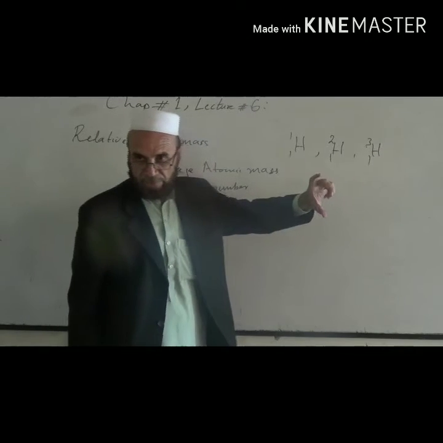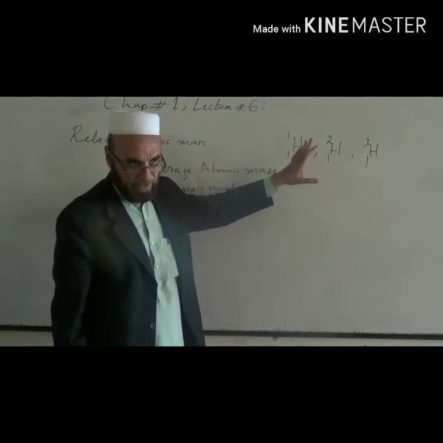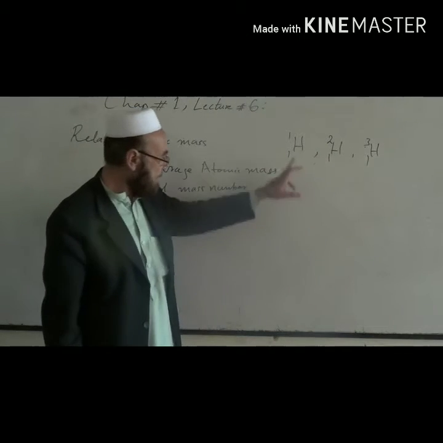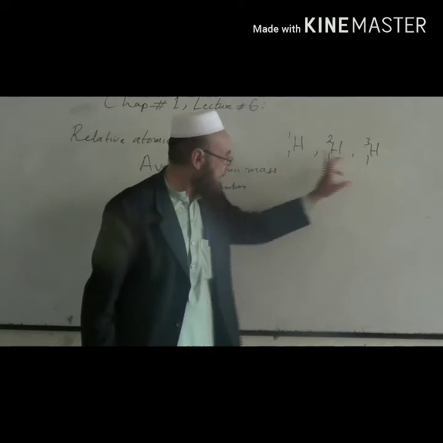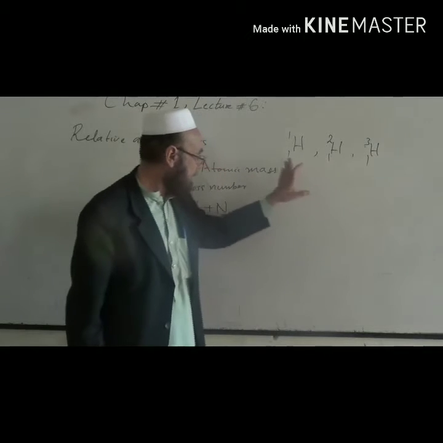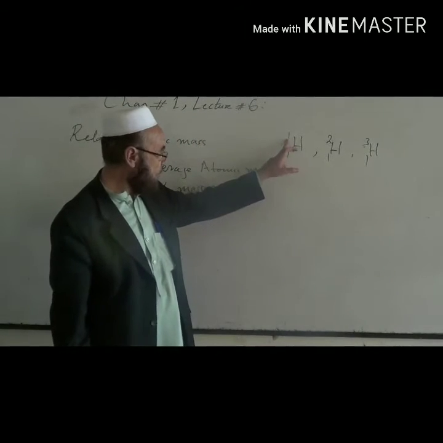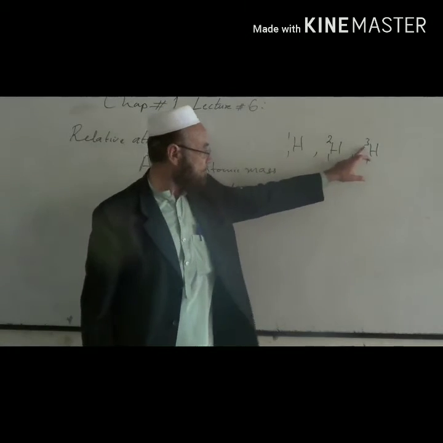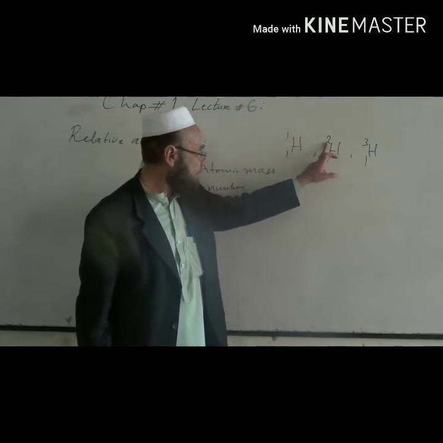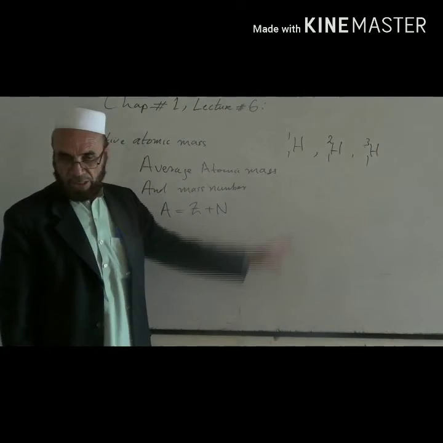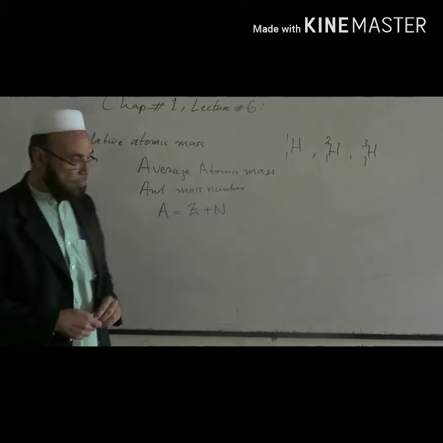If the element is the same, it is not another element. It is not helium, not lithium, not boron, not carbon. The same element, hydrogen, with the same atomic number. The only difference is due to protons and neutrons: one proton, one neutron; one proton, 2 neutrons. So they are called isotopes.